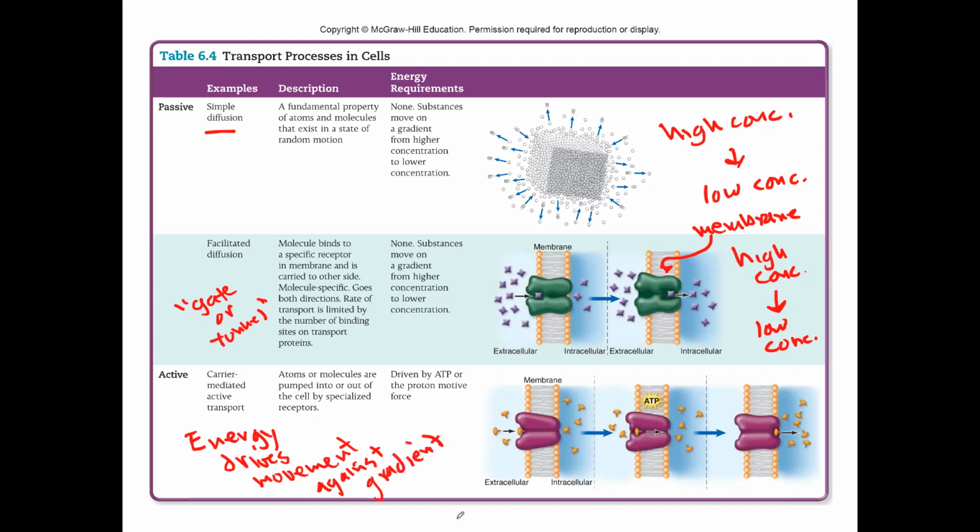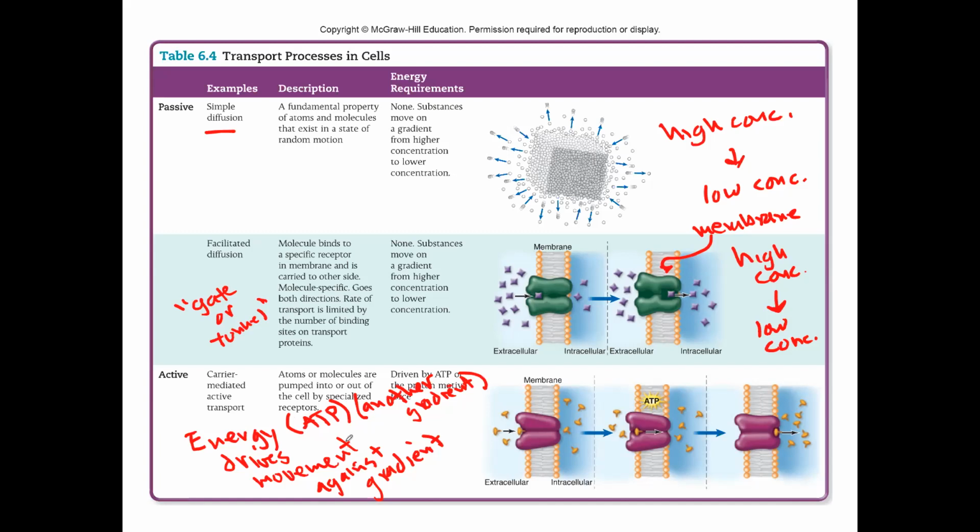And the energy can be in the form of ATP, or it could be another gradient that's generated from using ATP.